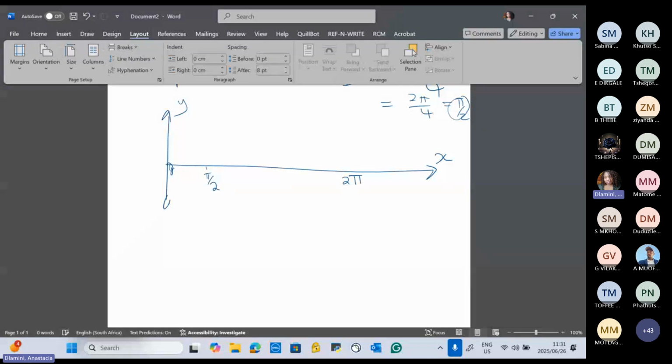Which is the same as pi. And then plus another pi over 2, we get 3 pi over 2. Plus another pi over 2, we then get 4 pi over 2, which is the same as 2 pi.